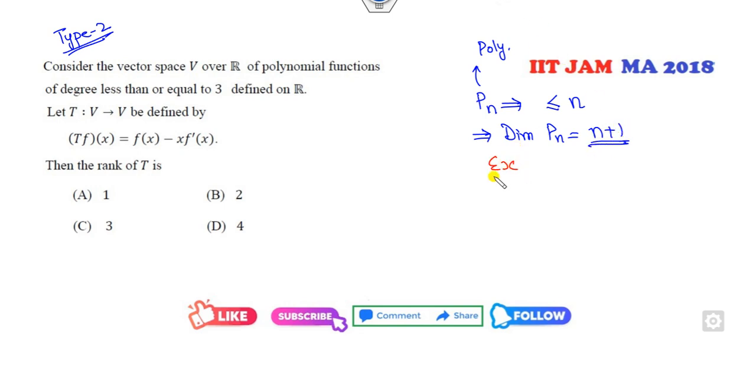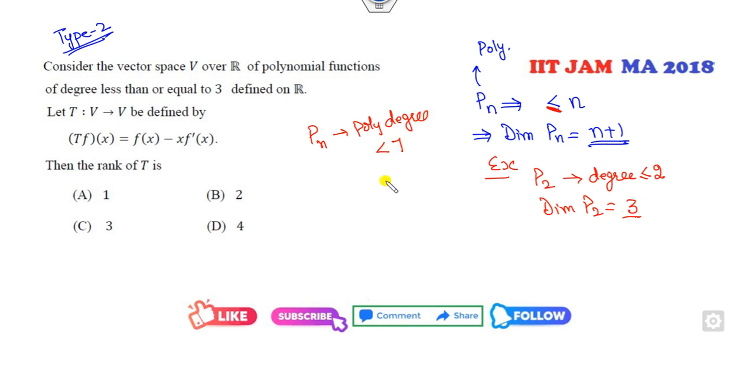For example, if I say P2, P2 means polynomials of degree less than or equal to 2, then the dimension of P2 will be 3. Make sure, student, the equality must be there. If it is given that Pn is polynomials of degree less than 7, since equality is not there, you can convert into equality, that is less than or equal to 6.